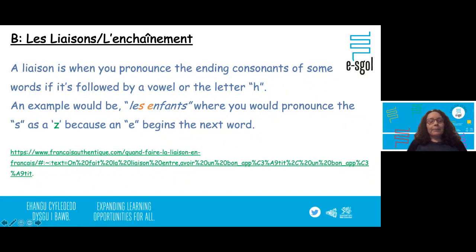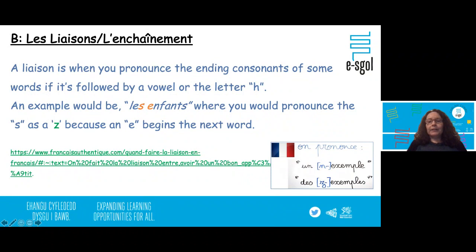And yet again, there's a little link here if you wanted to have a look in more detail at this technique. An extra one here is un exemple, so you actually say the N because of the E, and des exemples, the S becomes a Z sound again because of the vowel.